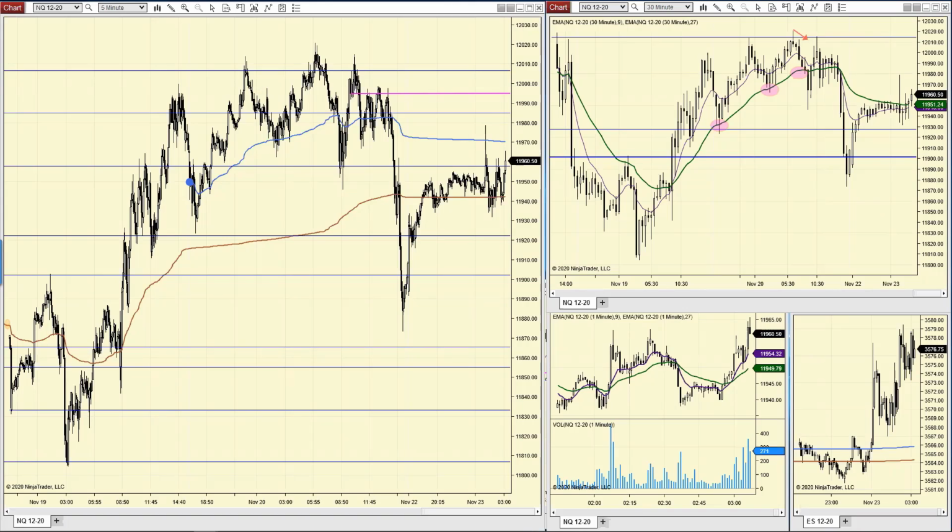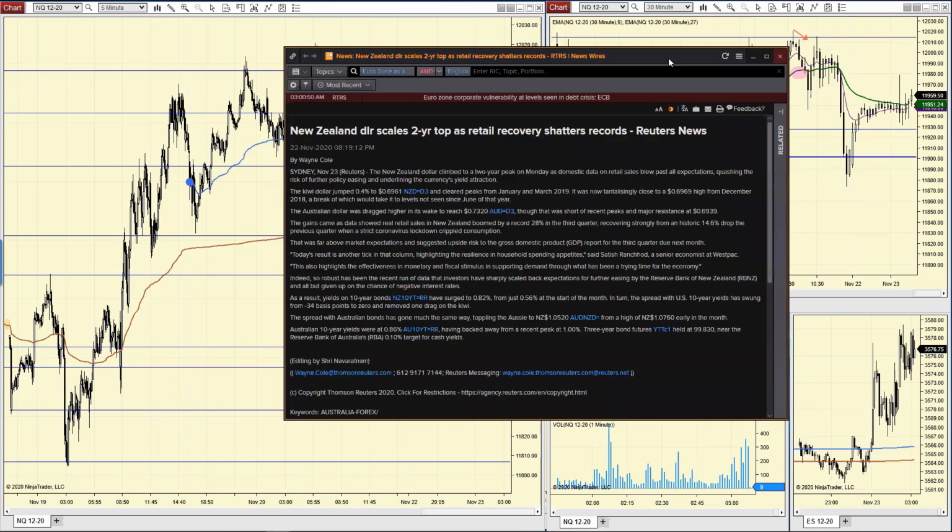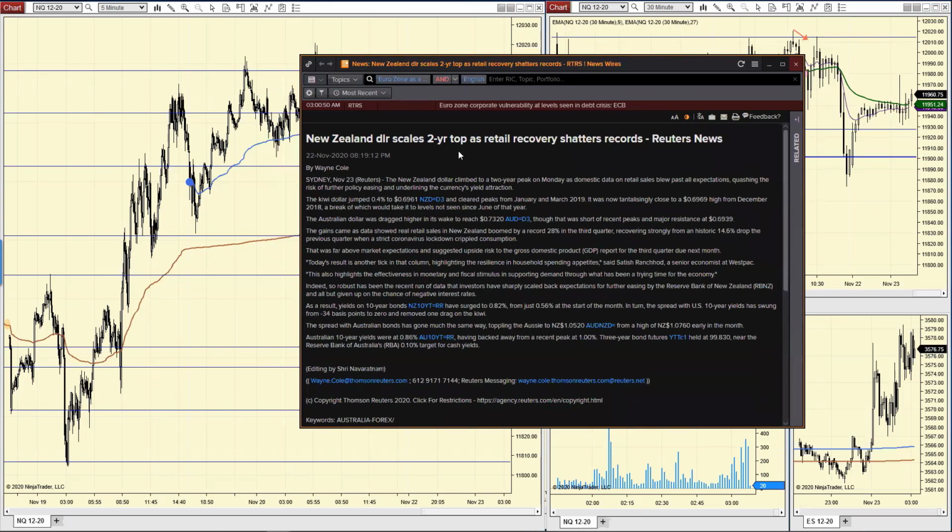So we'll take a look at the news. New Zealand dollar scales two-year top as retail recovery shatters records.